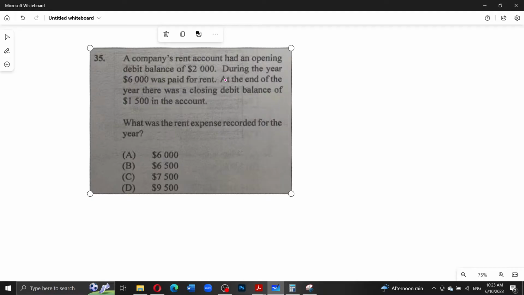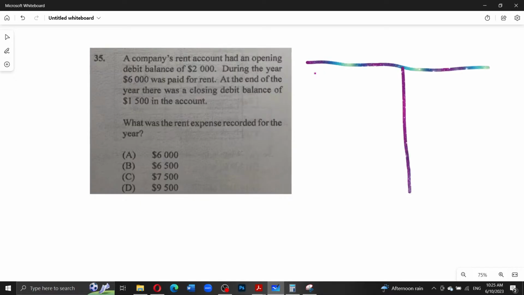So let's draw this here. This is debit, this is credit, and this account is rent. So you have a debit opening balance of $2,000.